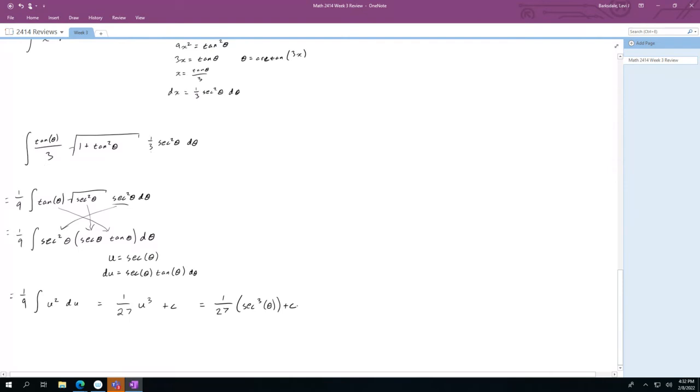Well, now I need to know what the secant of theta is. So I'm going to push this right up here. And theta is the inverse tangent of 3x. So again, I'm going to draw my triangle.